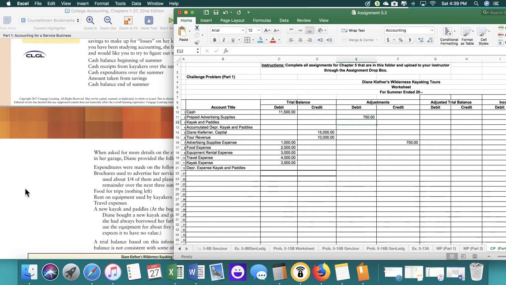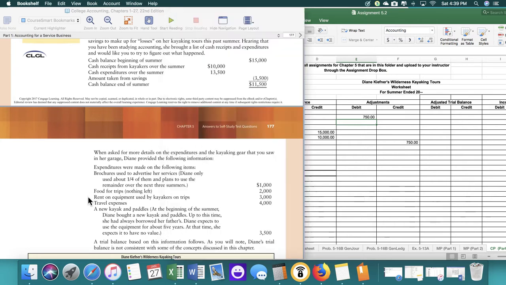Next is kayak and paddles. She didn't put how much she had in kayak and paddles at the beginning of the summer. So we're going to have to do the same thing. So the new kayak and paddles at the beginning of the summer, up to this time, she's always borrowed her father's.